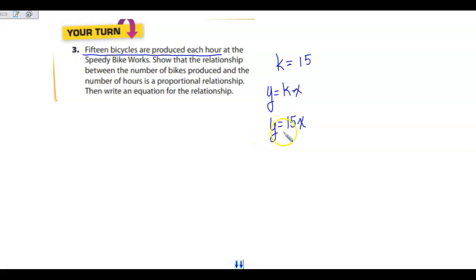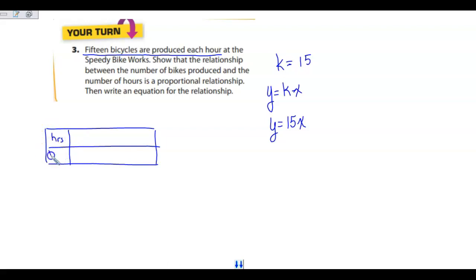We could also, if you need to, create a table where we have the number of hours over the number of bicycles.